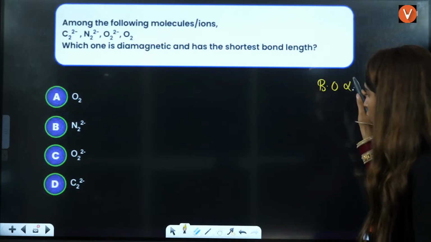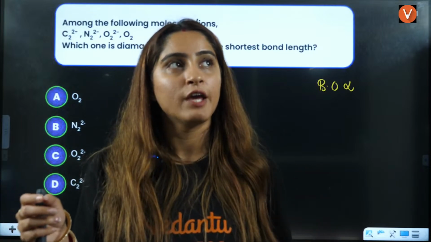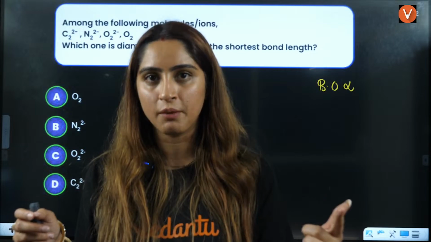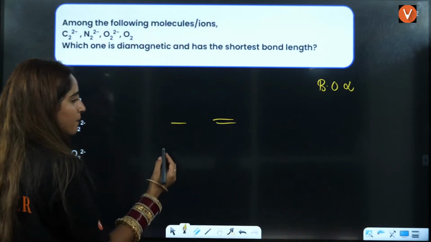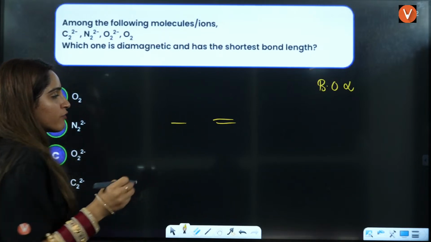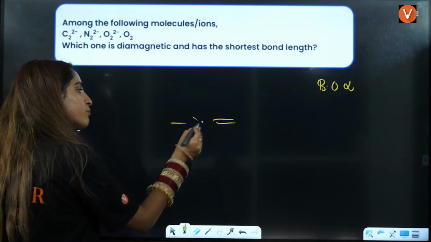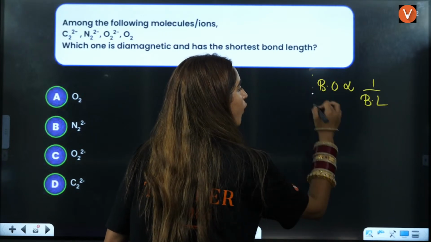More is the bond order, more is the number of bonds. If you talk about single and double, this is single, this is double. I'll give you the comparison. Here bond order is less. If bond order is less, then bond length is going to be more. That means bond length is inversely proportional to the bond order.